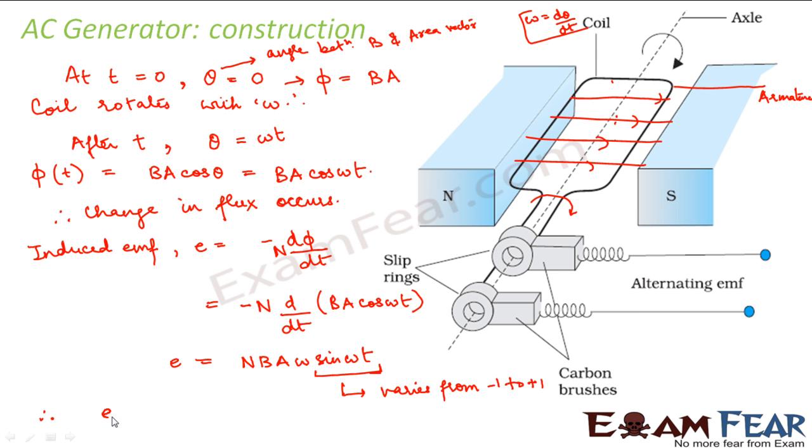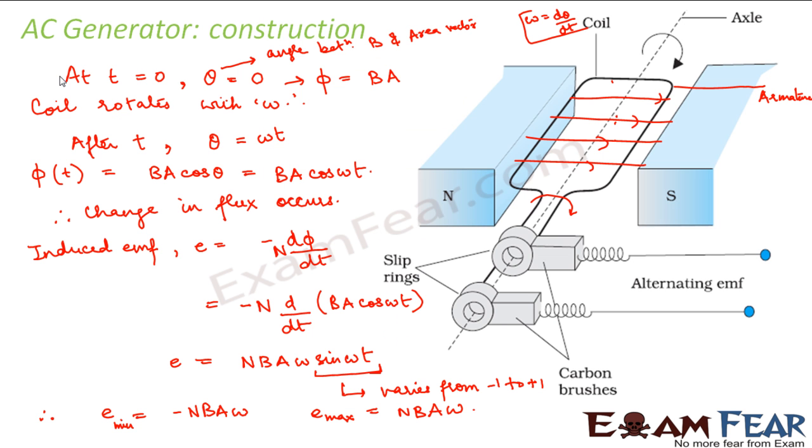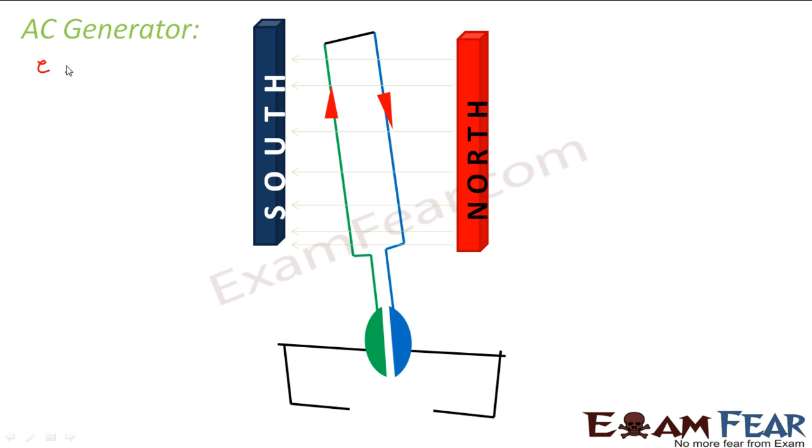Therefore, the minimum value of E will be equal to minus nBA omega, and the maximum value of E will be equal to nBA omega. So the value of E varies from minus nBA omega to plus nBA omega. Therefore, we can write E is equal to E naught sin omega t.